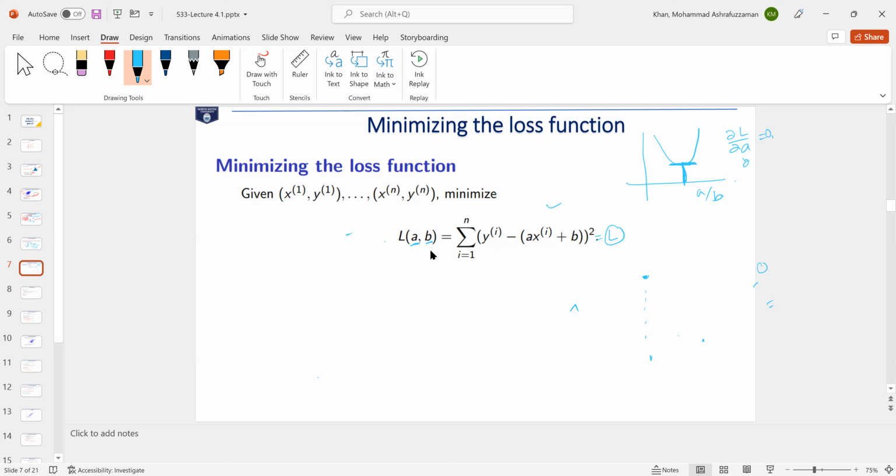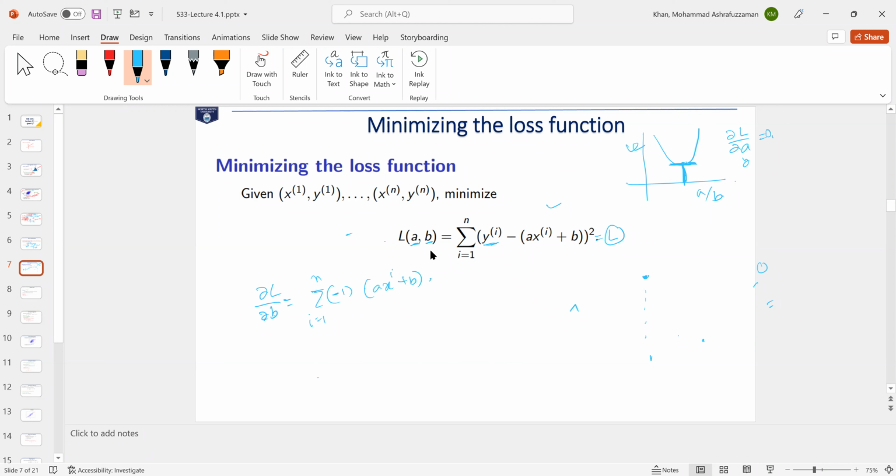So if we want to do this, for example, this should be like at first sum, then we are talking about b. So this will be 0. And for this term, there will be a minus first, and then a x i plus b.